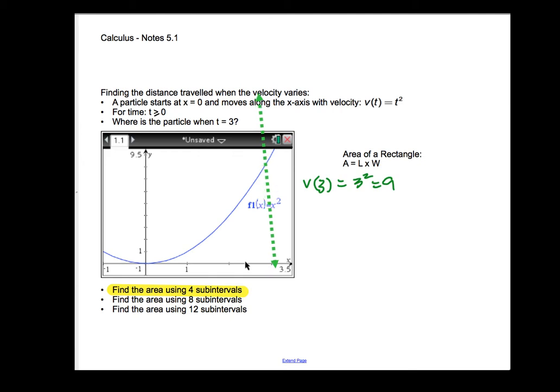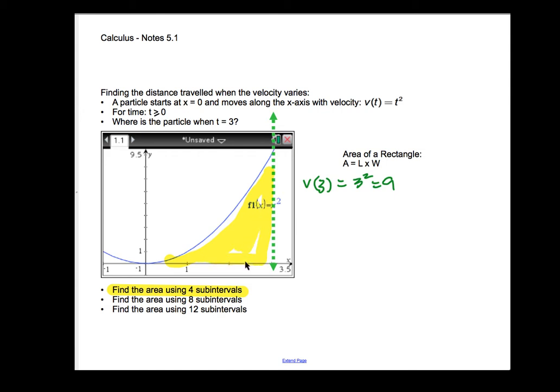All right, so let's get this straightened up here. What we're going to do is look at the area specifically in this spot right under here, and we're going to stop it at 3.